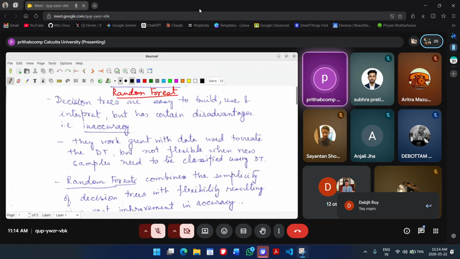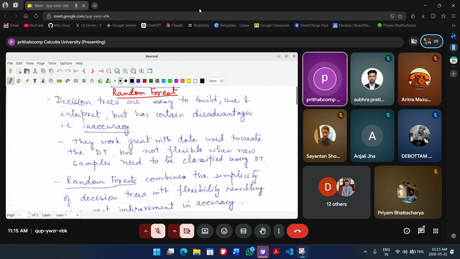Okay. So just to conclude, using one decision tree was not a very good idea because it may lead to inaccuracy or sometimes overfitting. Even though these are easy to build, and very easy to use and interpret for classification problems, it has disadvantages like any other method.